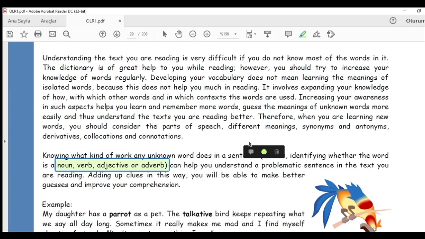Because it will help you, one, understand what an unknown word is in a text, but also when you are writing, it will help you write grammatically accurate sentences. So it's very important to have knowledge of parts of speech.